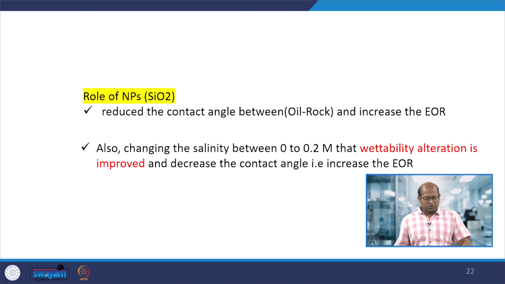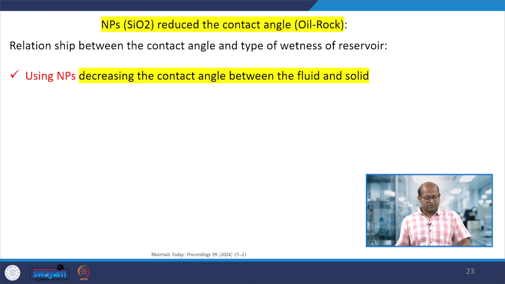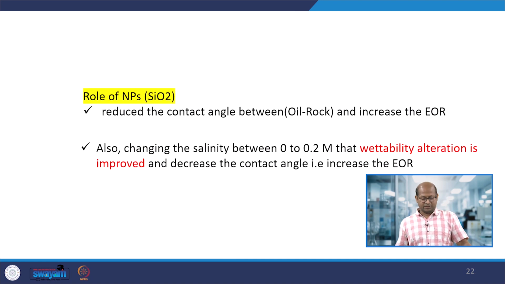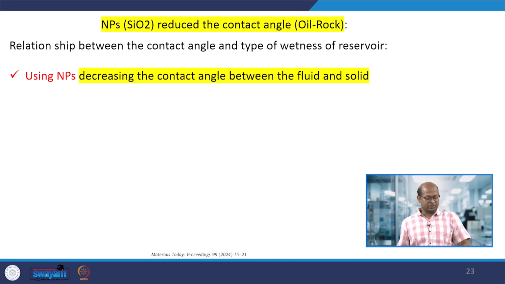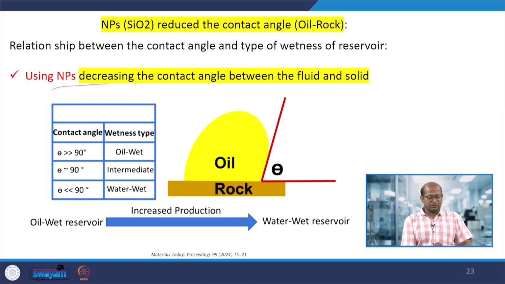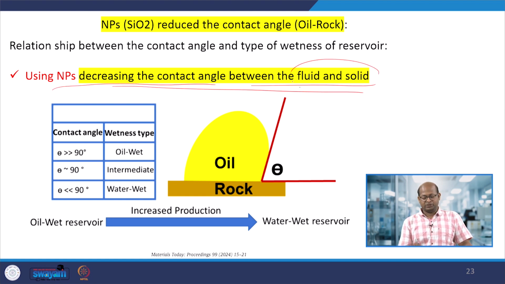Now, the role of nanoparticles that we discussed. Here is how nanoparticles work when the oil is trapped in the rocks of the reservoir. The nanoparticles decrease the contact angle between the fluids and solids. This is the fluid and this is the solid. Here the oil is trapped in that particular rock and attached there. Without nanoparticles, the contact angle is greater than 90 degrees, so only oil wets the surface of the rock.